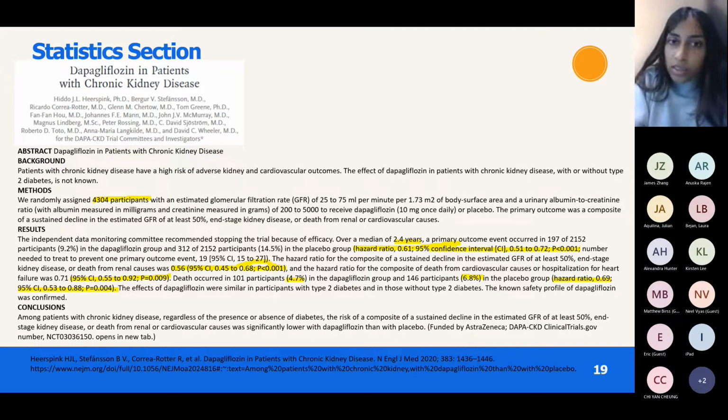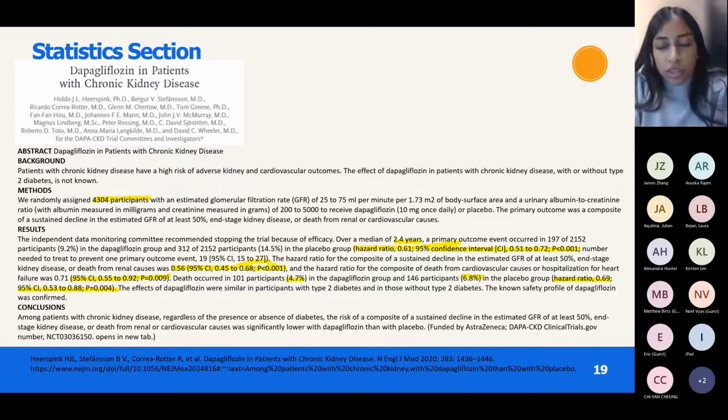And it's basically showing that there is a 39% reduced risk because that hazard ratio is 0.61. So I did 1 minus 0.61 to get 39%. The 39% less likely to have a sustained decline in eGFR if you're on dapagliflozin in the context of CKD.